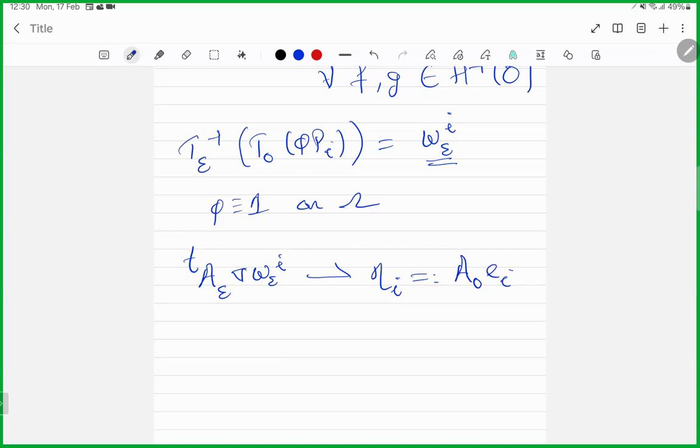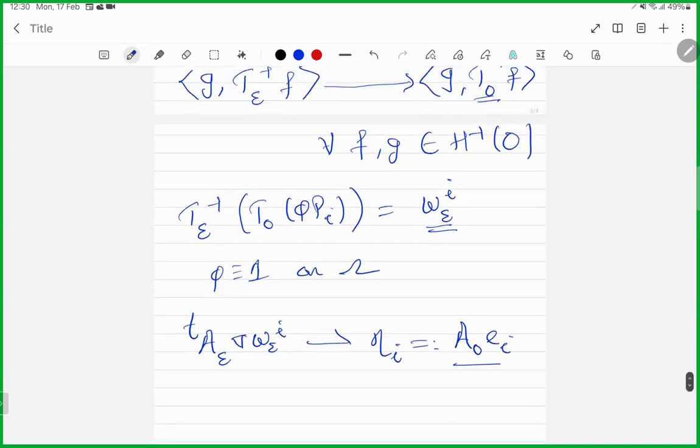Once I obtain W epsilon I, A epsilon is already given to me. So I know what is eta I, of course up to a subsequence, which is why in the general case you don't have uniqueness or anything. Everything is up to a subsequence. And then you define A0 e_i as eta I.